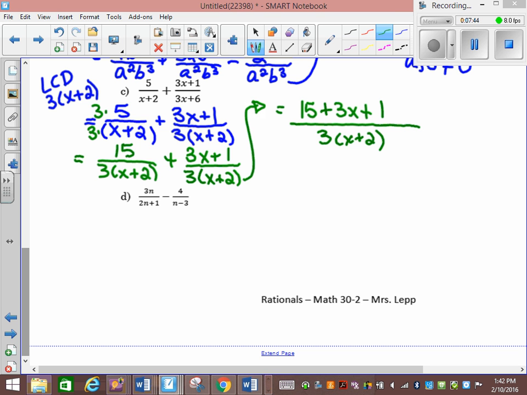In the top. Yeah, just add the 15 and the 1. So 15 and 1 is 16. So I can get 16 plus 3x, or 3x plus 16, it doesn't matter, over 3 times x plus 2. And then I have an NPV of x can't equal negative 2.